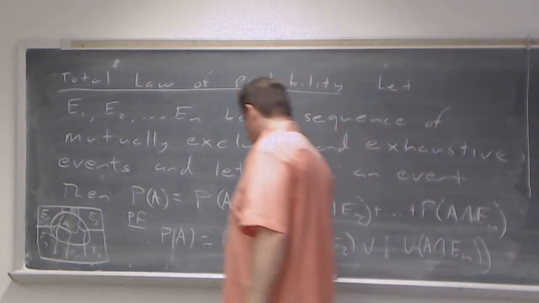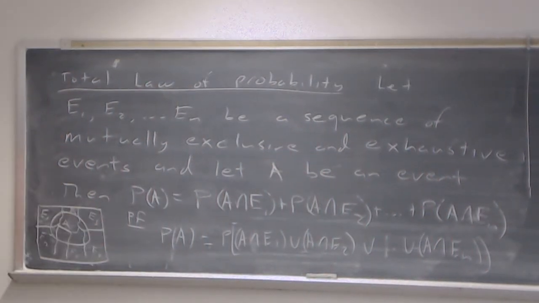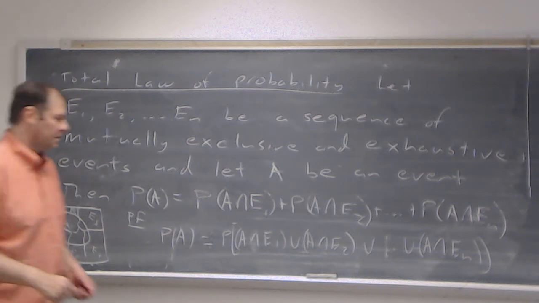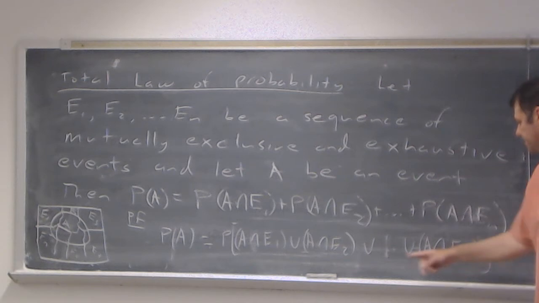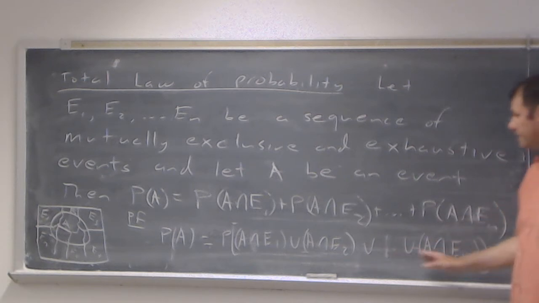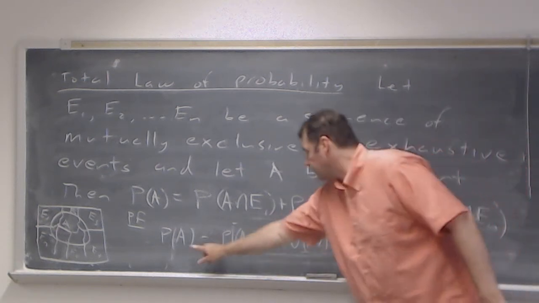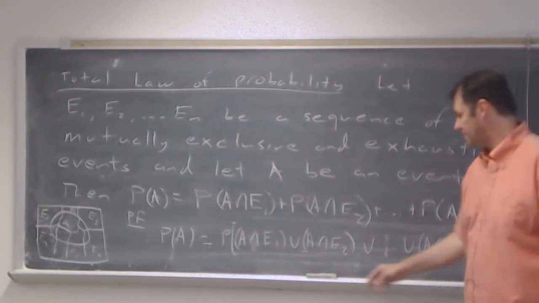Okay. So that's just describing what I had here for the Venn diagram. That really, this A intersect E1, union A intersect E2, union all the way up to A intersect En, that part is A. And so the probability of the same set should be the same.